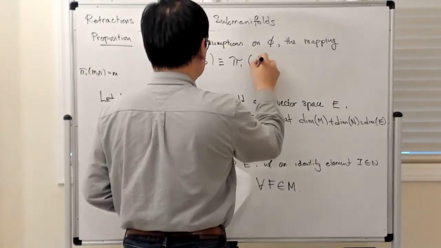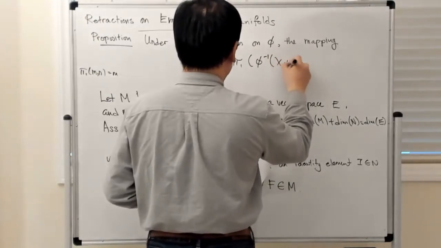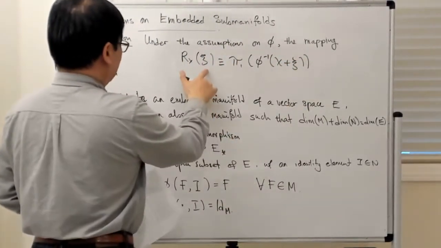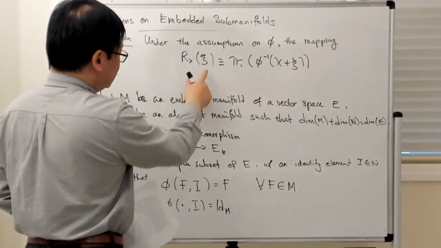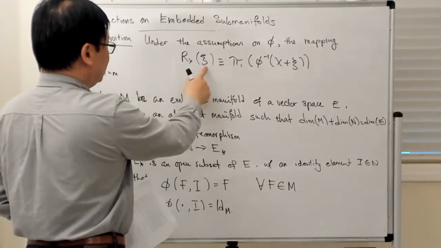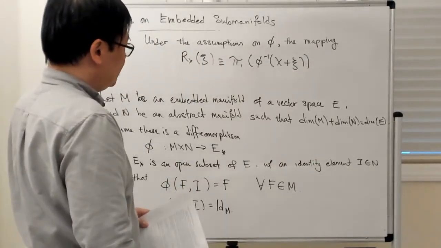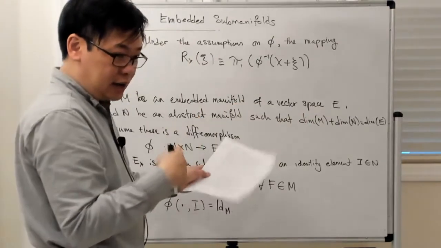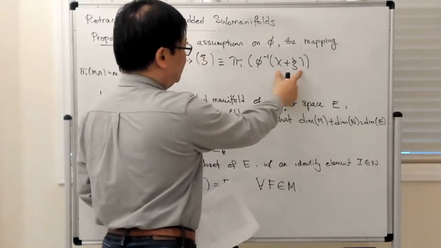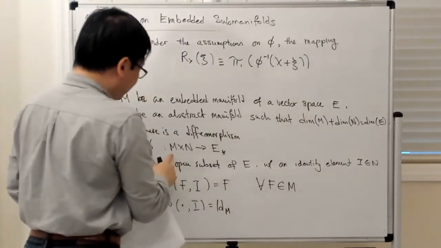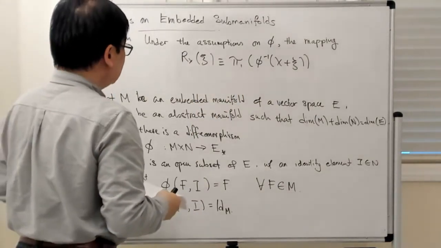Okay, so pi 1 is the inverse of the diffeomorphism applied to x plus c. So x is a point in the manifold, and c is a tangent vector. At the point x, I've embedded both of these two things into the vector space E. I've identified the tangent spaces of E with itself, so I can add these two things together. So this is an element of E. I take the inverse. This gives me now something in M cross N, and I project it onto M. So that's a natural choice for this retraction.